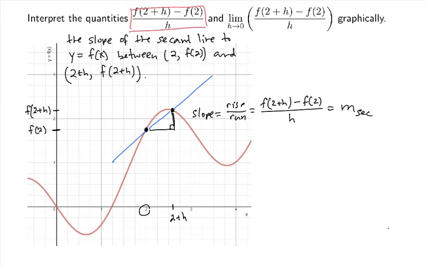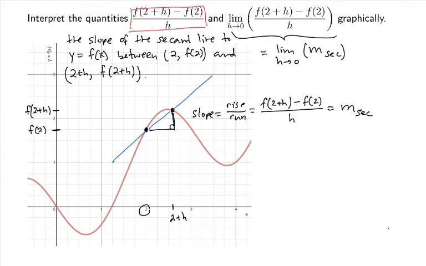Now, notice that our second quantity is exactly the limit as h gets small of the first quantity. So that says that this quantity right here is equal to the limit as h goes to 0 of the slope of the secant line. So this interpretation allows us to look at the graph and see what's going on here.